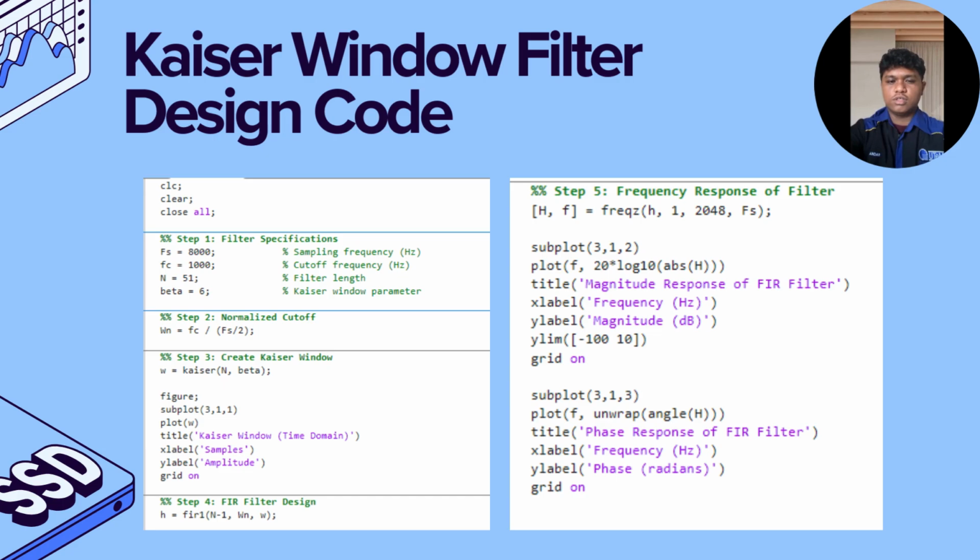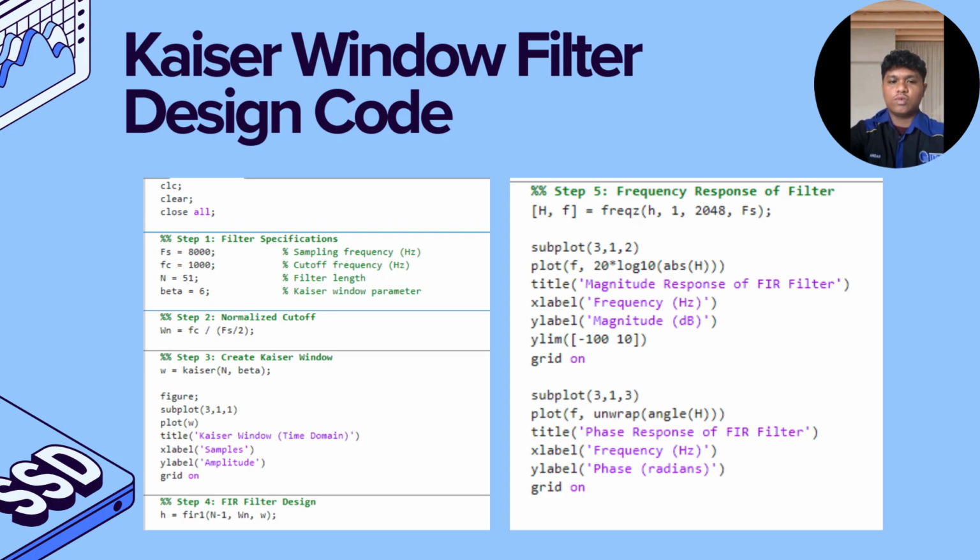This normalization is necessary for MATLAB's FIR1 function. Then, we generate the Kaiser window with the chosen beta and filter length. This window shapes the filter coefficients to achieve the desired frequency characteristic.